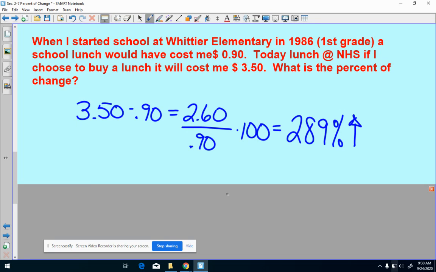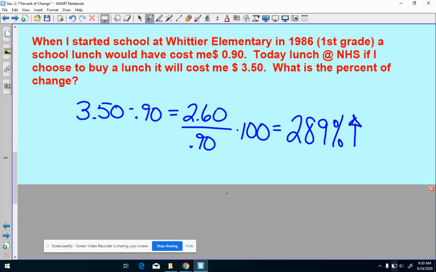Well, if the total got to $3.60, that'd be adding 100 to 300%. Well, is your answer of 289%? Is that close to 300%? Yeah, just like this total of 360 is really close to what I'm actually paying of 350. So is 289 a reasonable amount?